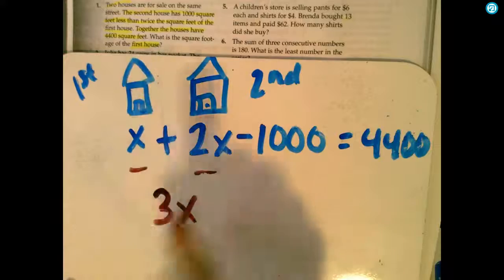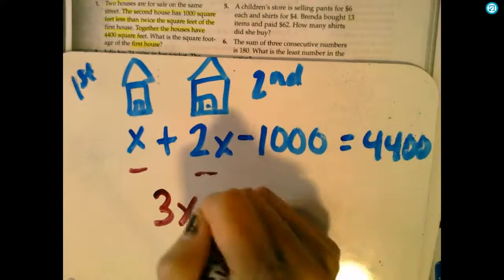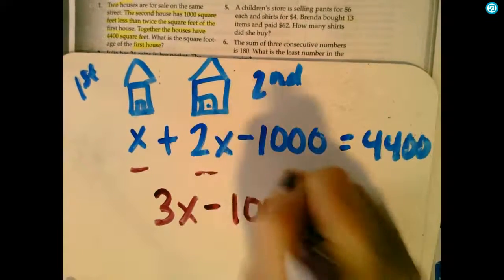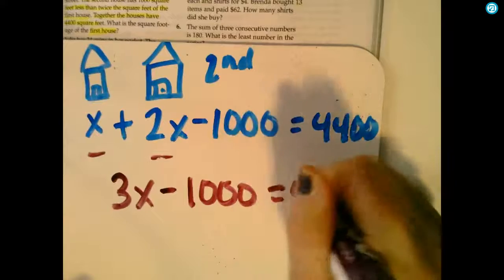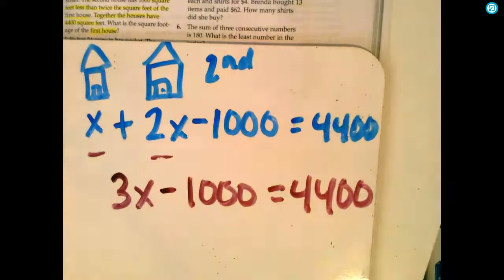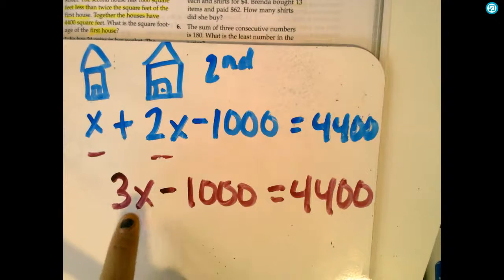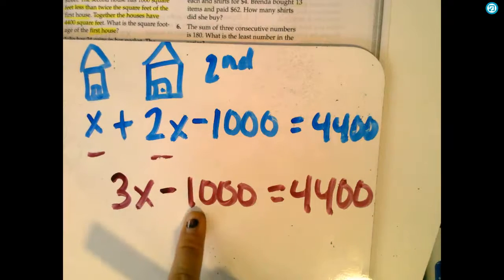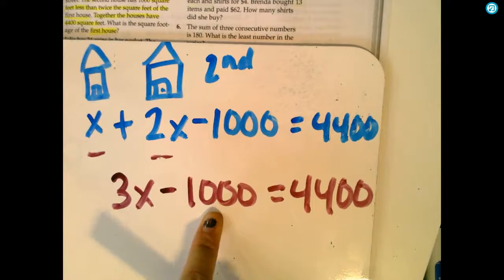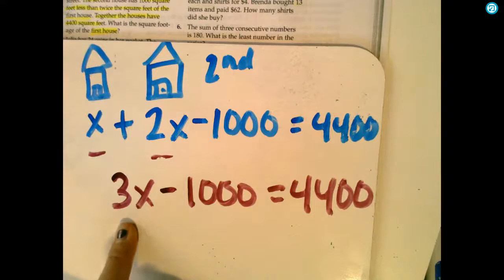So that's nice because now I've just got 3x. And then I'm going to bring down my 1,000 and bring down my equals 4,400. Okay, so now I'm trying to get x by itself because we're trying to solve for x. I'm going to get rid of this 1,000 first because it's not attached to the x.